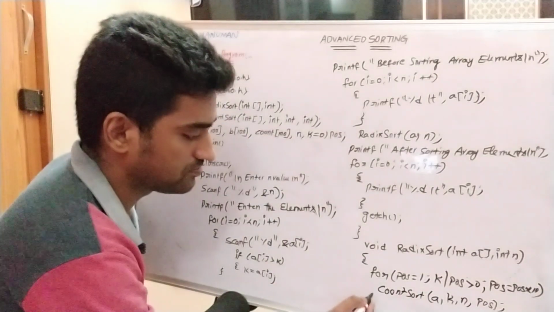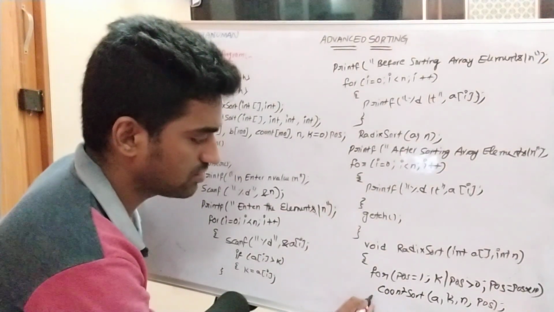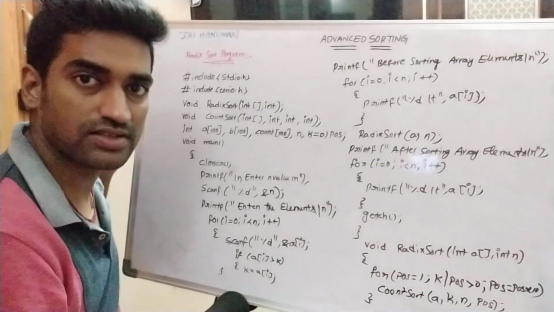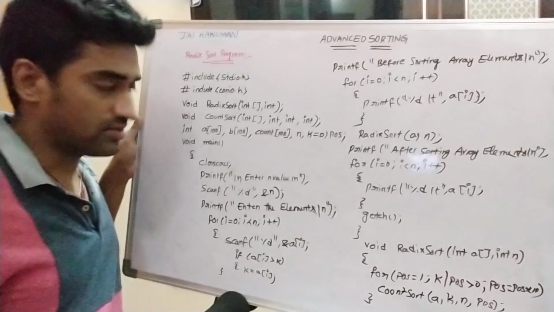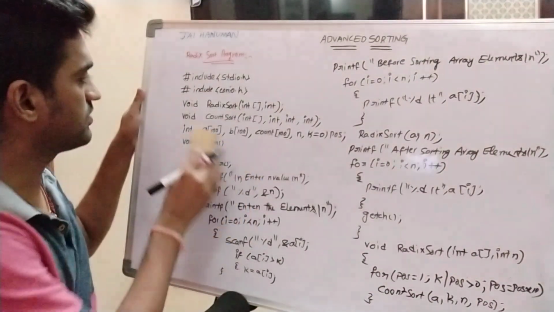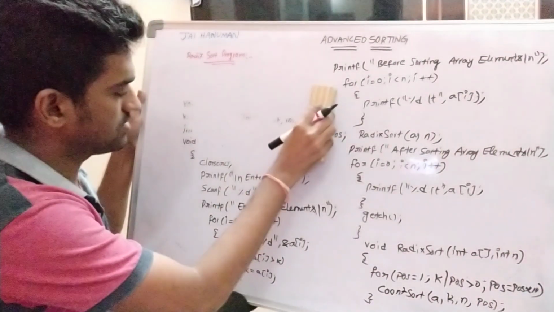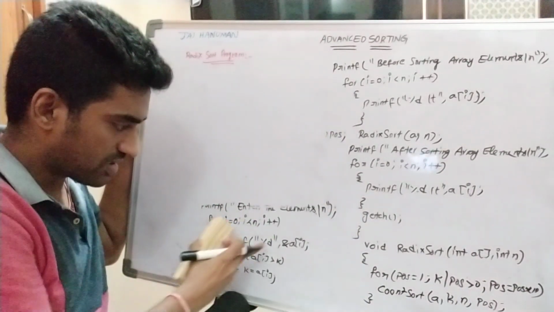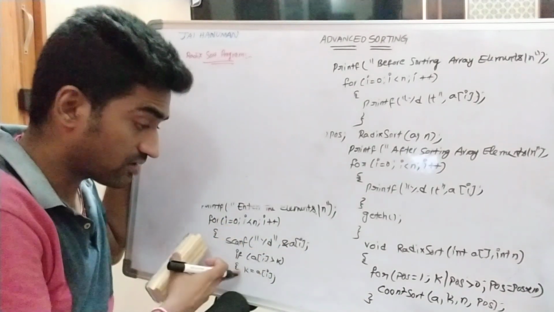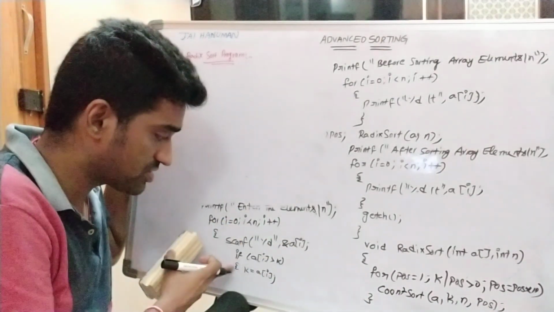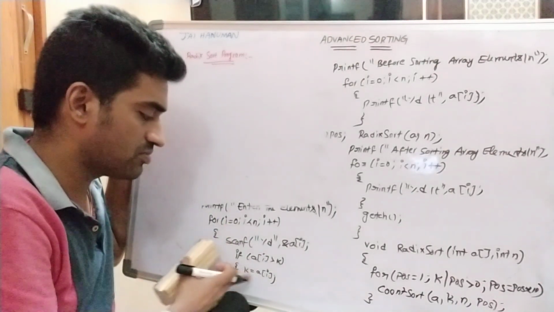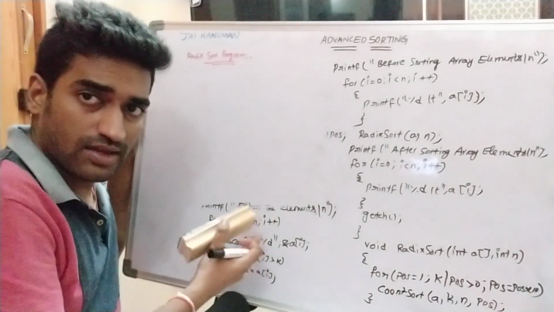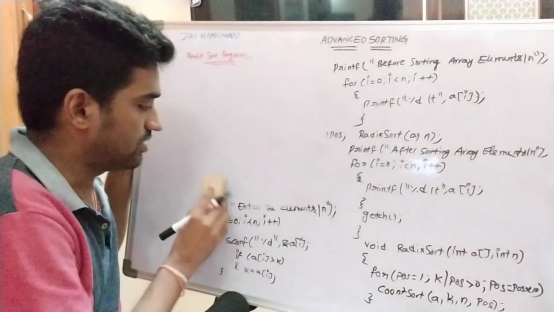So here, this is the loop. So here I am writing the function definition for count sort. In scanf, at the time of reading values, we also find the greatest value. For that purpose I am checking this condition: if a of i is greater than k, simply k is set to a of i. With this condition, I find the greatest element among all the elements.